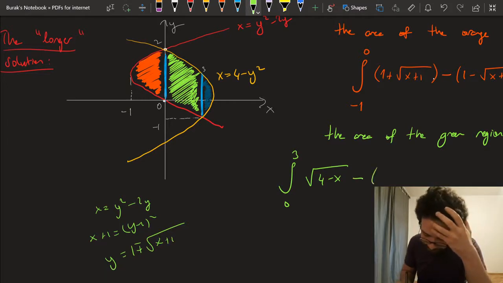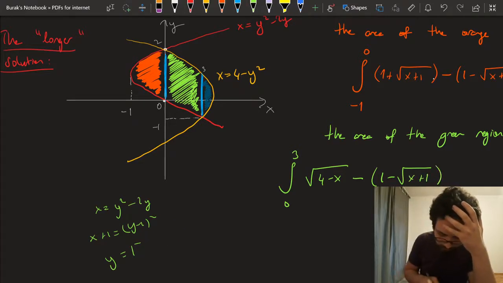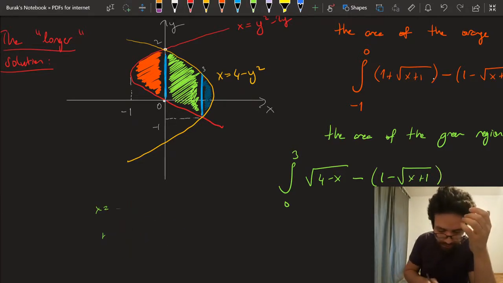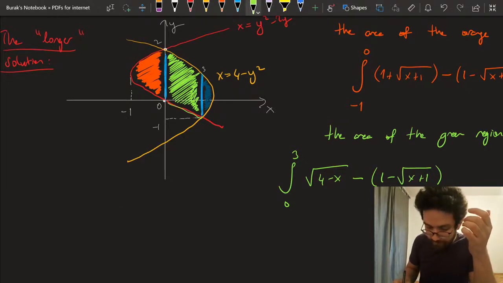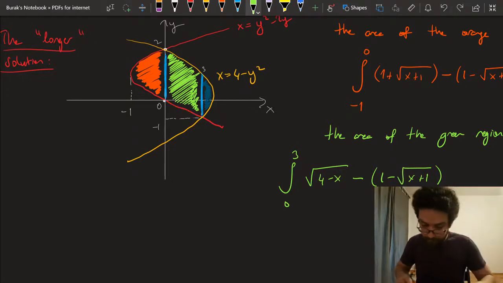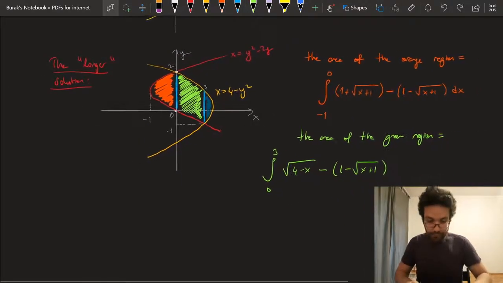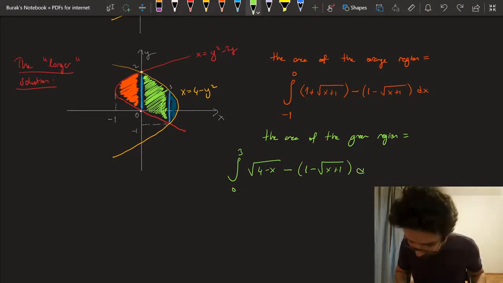So my bottom function is 1 minus square root x plus 1. Okay. So you can check that this curve over here is the graph of this function. And then this is the area of the green region.